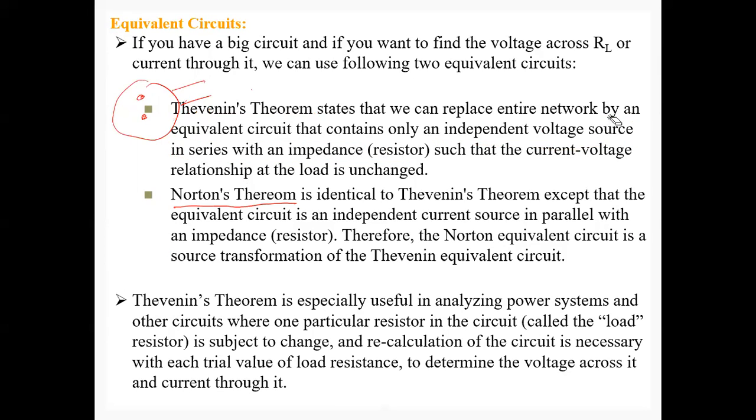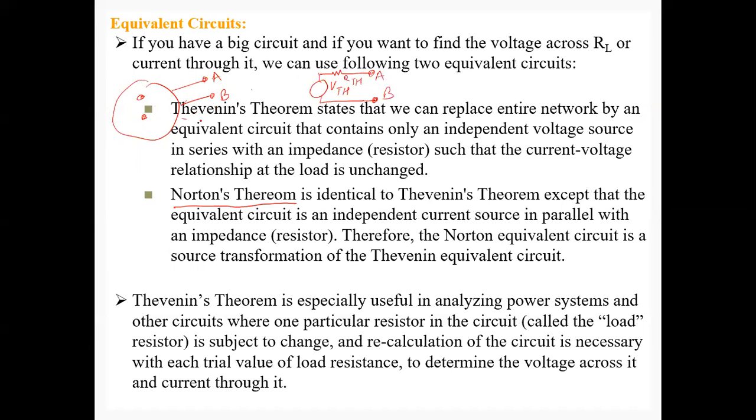So this is what it means. I can replace this guy by one voltage source. This is my VTH, I call it V Thevenin. This is called RTH, R Thevenin. So this guy is this guy. This is my AB.